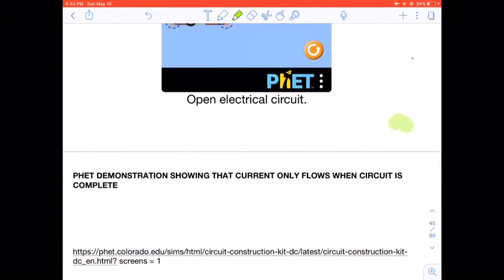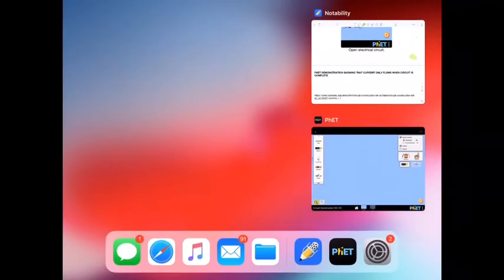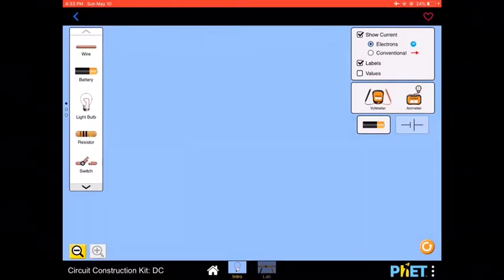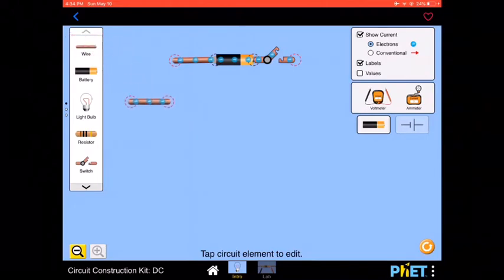Let me demonstrate that. Here we have, let's say, a battery, and we have a copper wire, and let's put a switch here, and let's have another copper wire there.